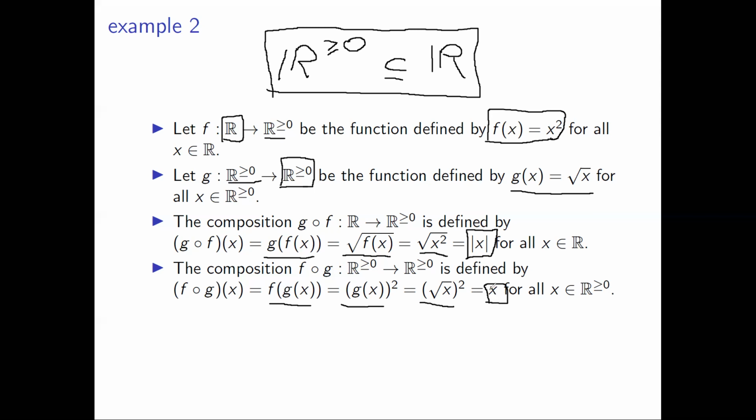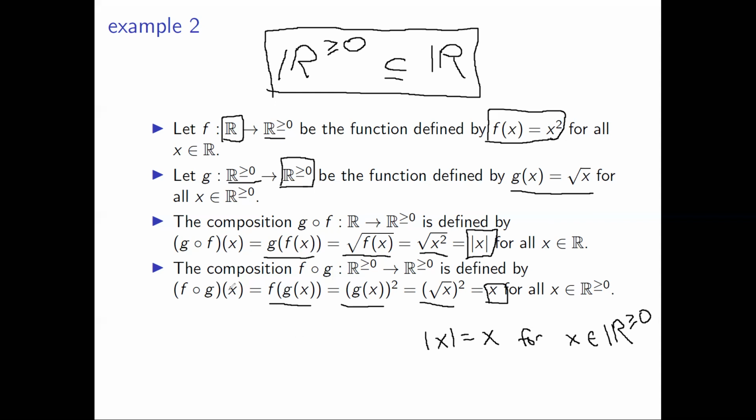And notice that these compositions agree where they're defined. So the first composition, g composed with f, we got the absolute value of x. The absolute value of x equals x for x in the non-negative reals.